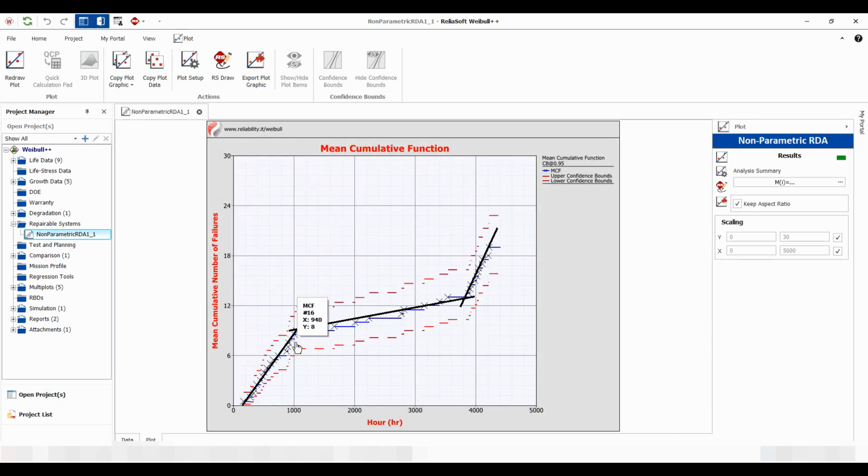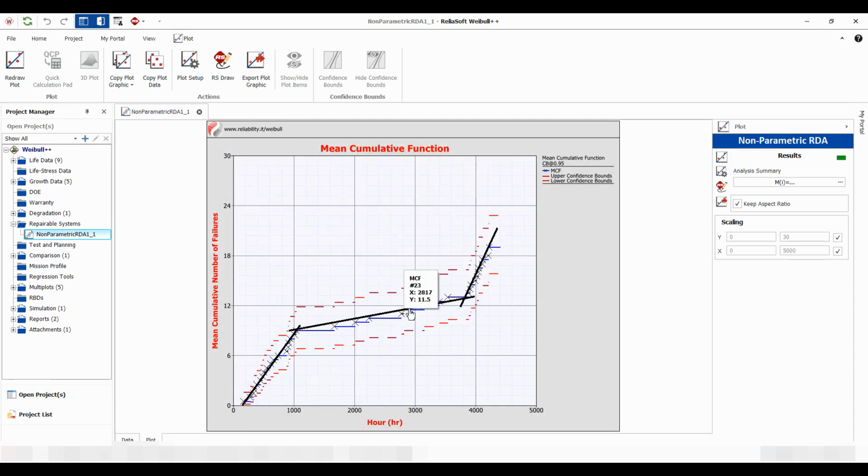We are in the context of a non-homogeneous Poisson process, a repairable system. Although we have a shallow line here, we don't get into a homogeneous Poisson process. We don't have a constant rate of occurrence. By the way, these black lines represent the rate of occurrence of failures.